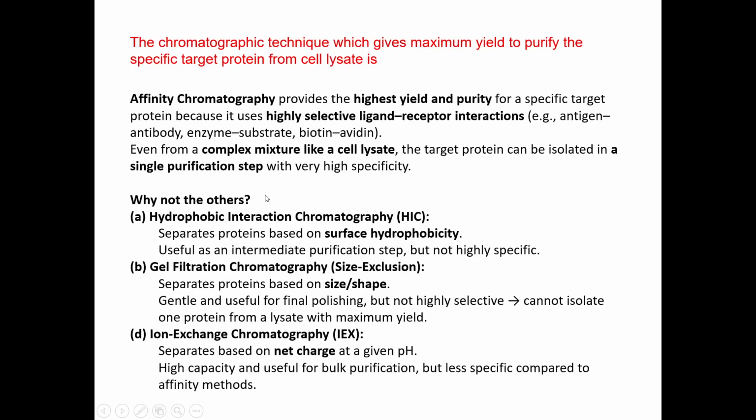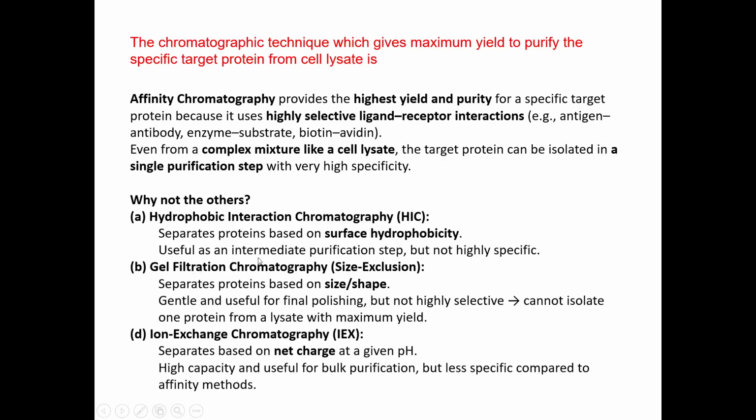And other options like HIC, gel filtration, and ion exchange are not very specific and may not yield high purity, because your HIC is basically dependent on the hydrophobicity. So it separates proteins based on the surface hydrophobicity and does not specifically purify one particular protein.